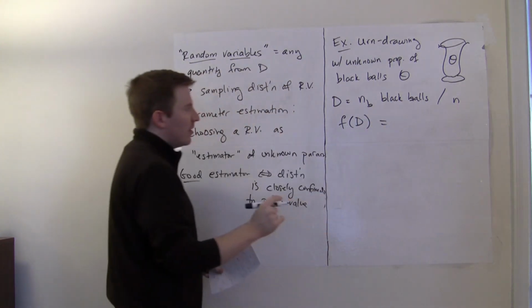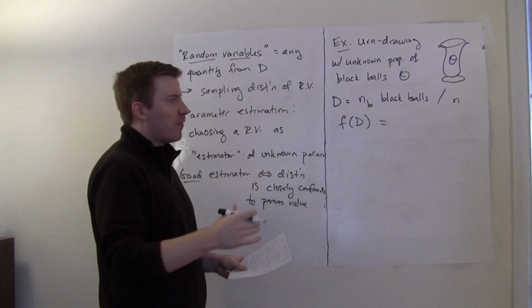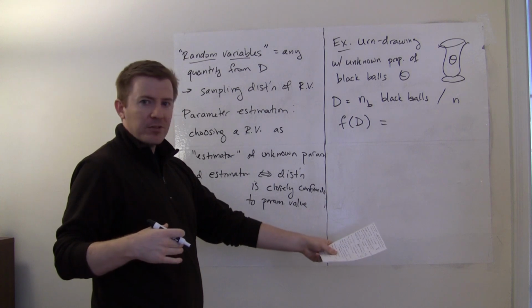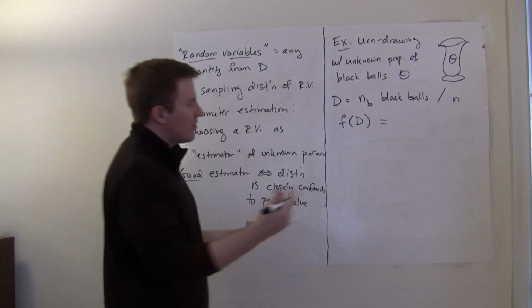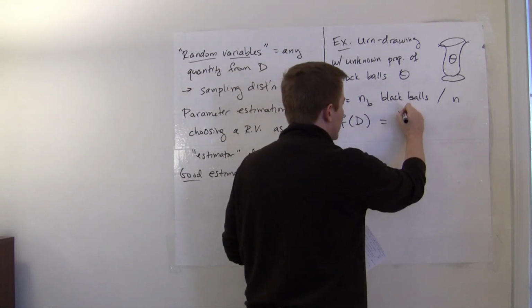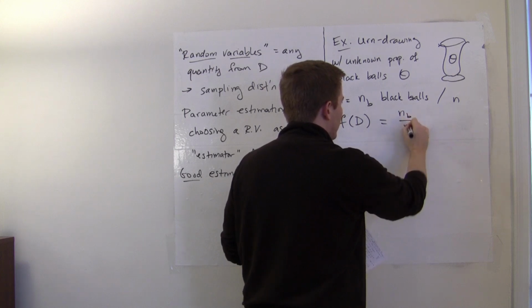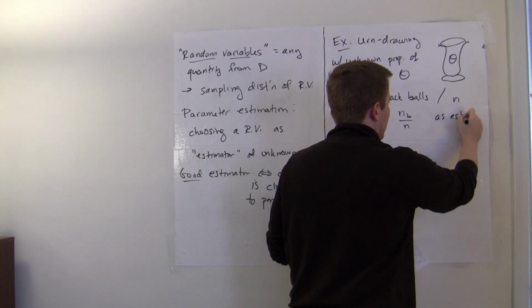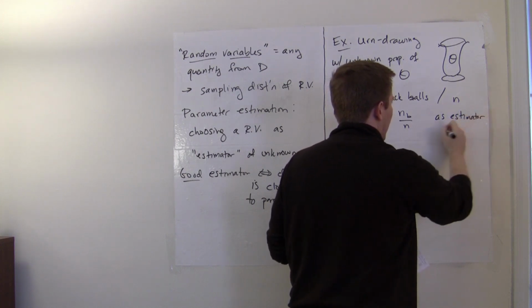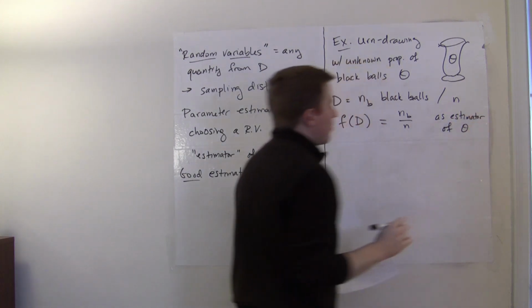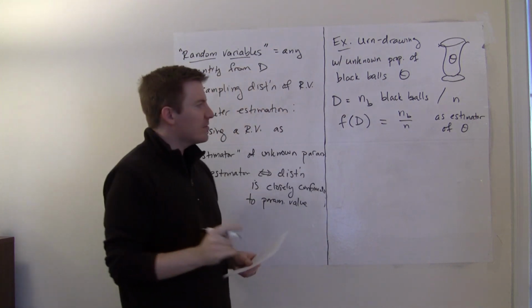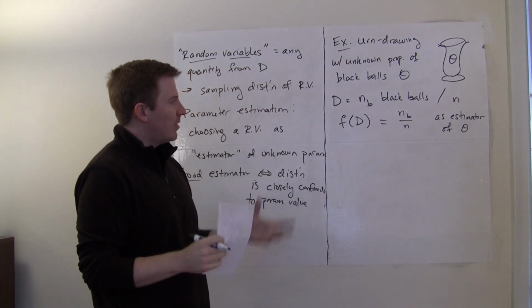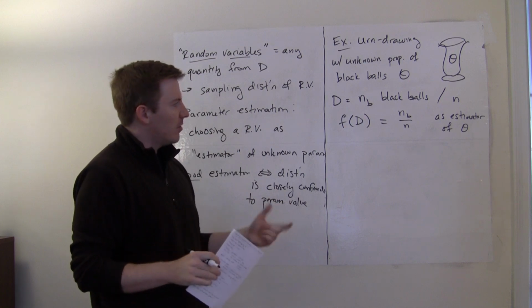We're interested in the proportion of black balls in the urn total, and we did a sample of it, so it's reasonable to think, let's just take the ratio in our sample as our estimator of this value theta.